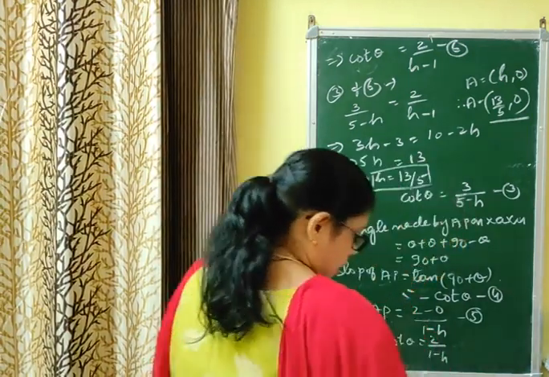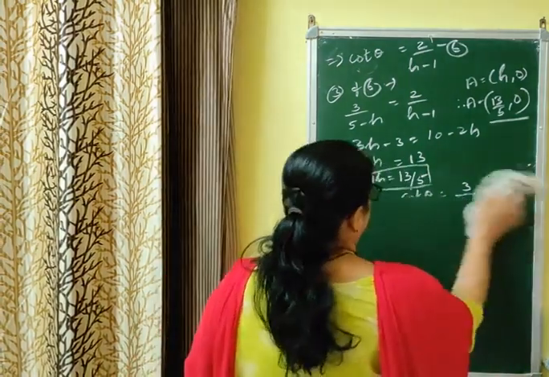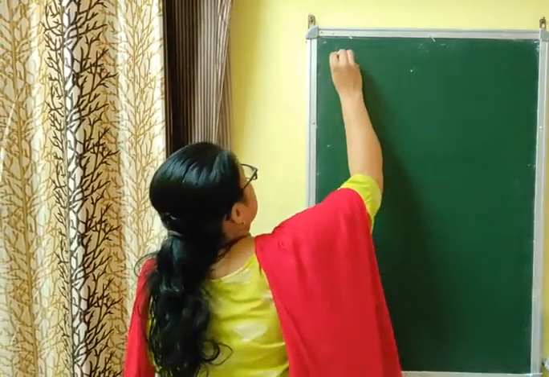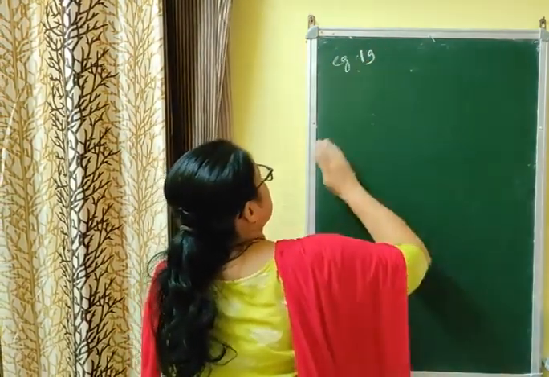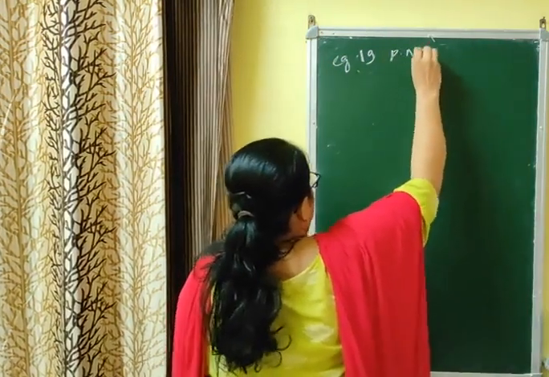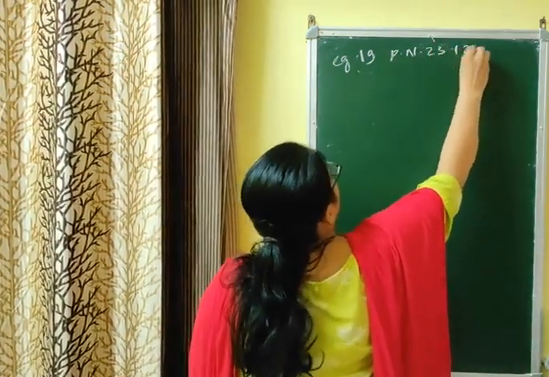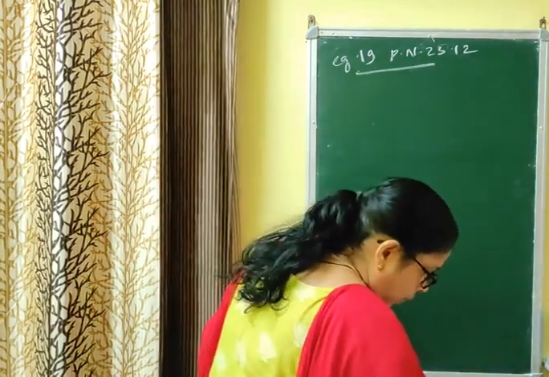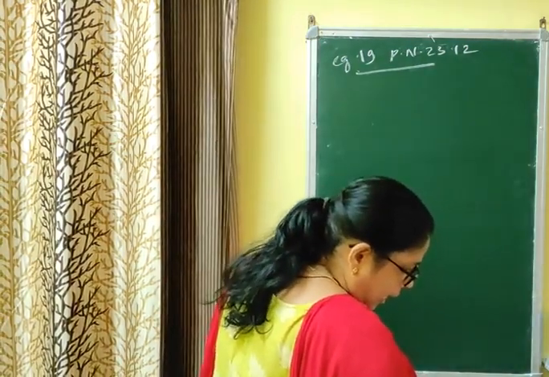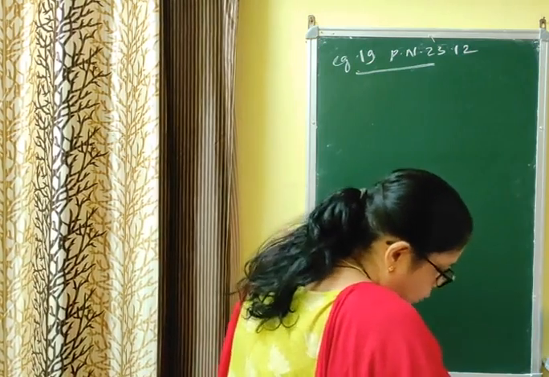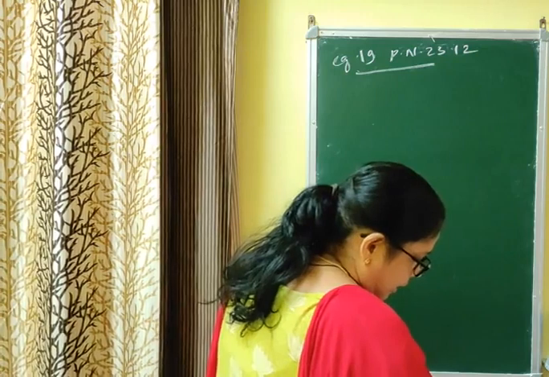Next question, first of all let me mention the question. Question is example 19. This question is a little bit more difficult, that's why I will give you each and every step. 23.12. Now I am reading the question. The vertices of a triangle are A (x1, tan theta 1), B (x2, tan theta 2), C (x3, tan theta 3).